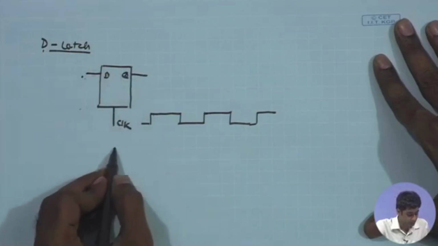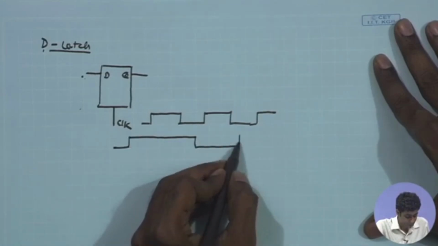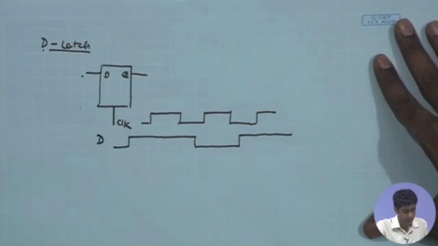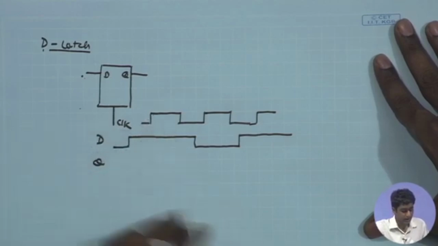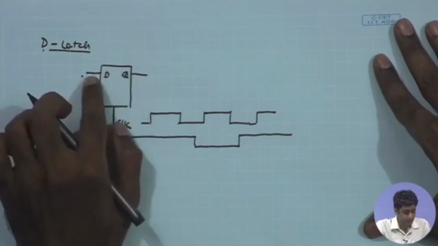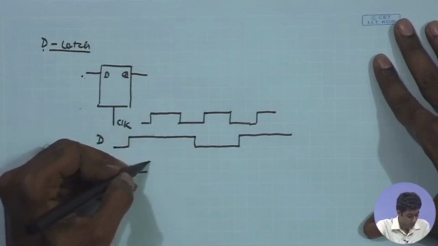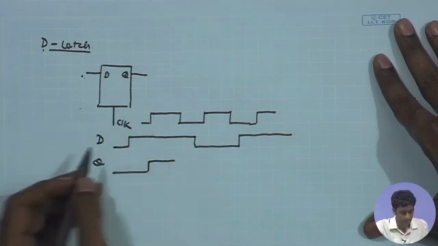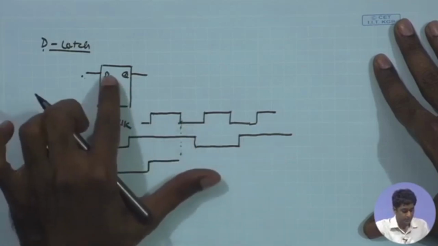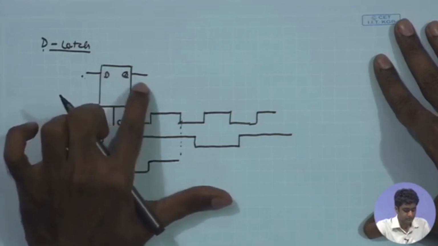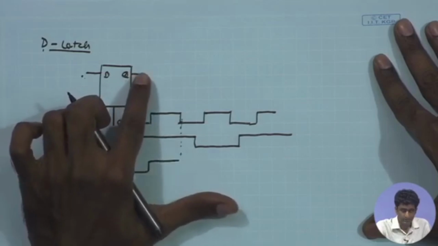So, if I assume there is an arbitrary data waveform coming in, suppose this is the D input, and I want to see the Q output. When the clock is high, the data is going to be transferred to Q. So during the high phase of the clock, whatever data D is available, Q will be copying that, and during the negative phase of the clock, the connection is cut off, and whatever data was stored at Q at the falling edge of the clock will remain there as it is.